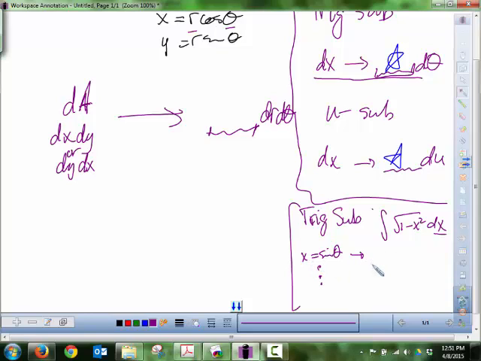And so what you would do is you would take the derivative of dx. So essentially you're just finding the differential. And so your dx is going to get replaced with not just d theta, but a cosine theta d theta. So what we have here is essentially the derivative of your transformation.